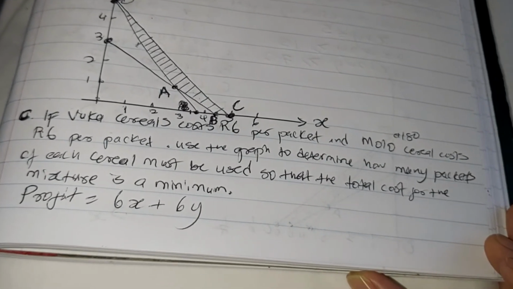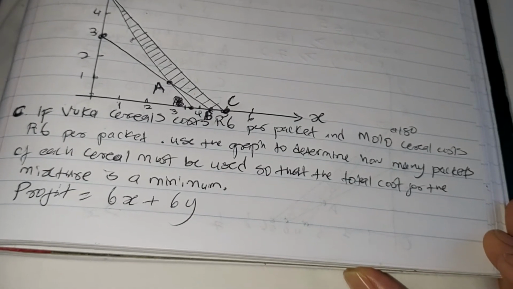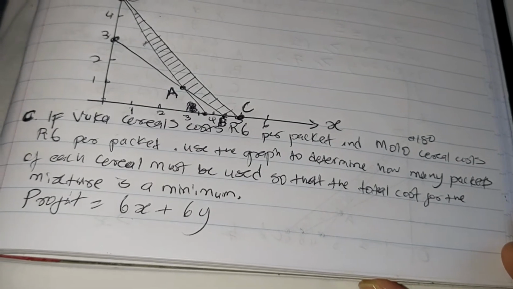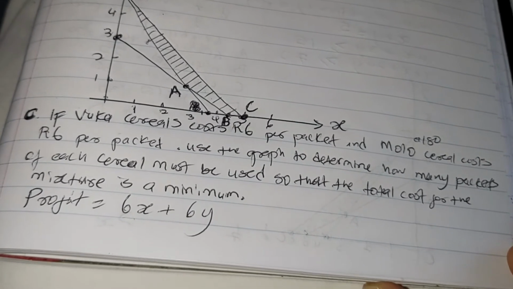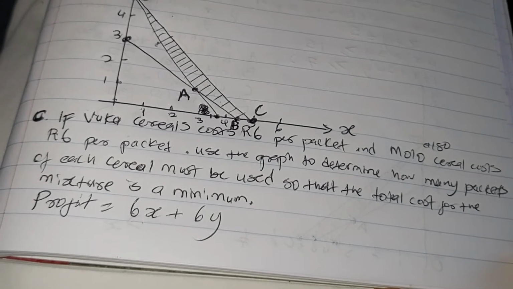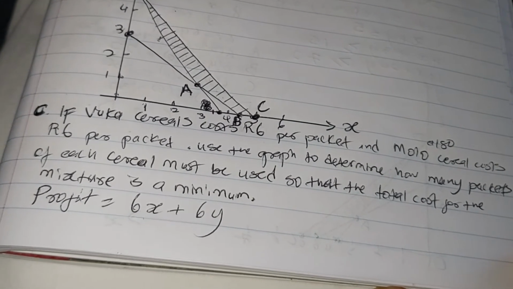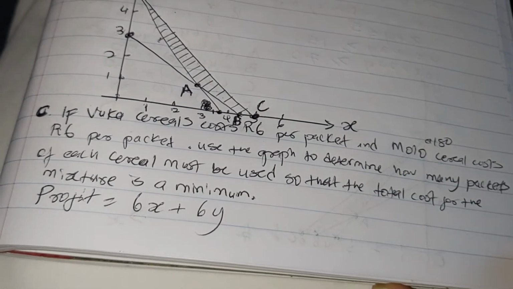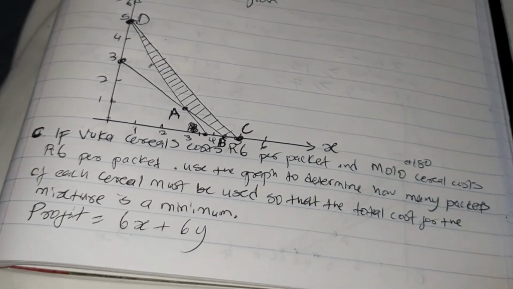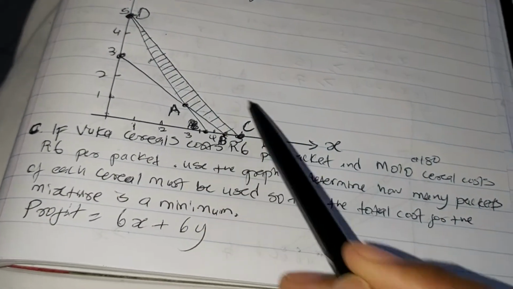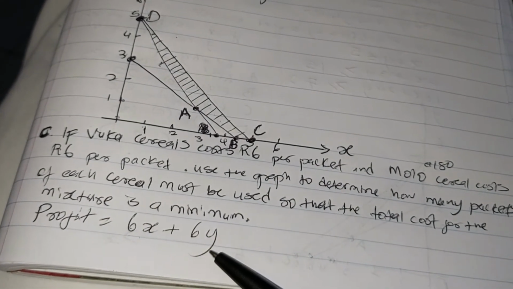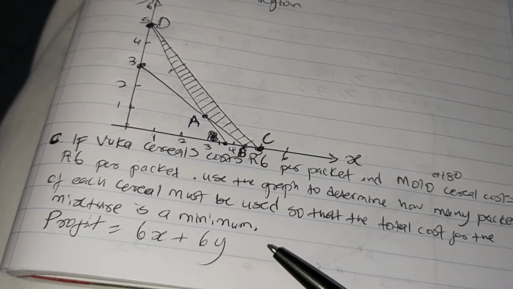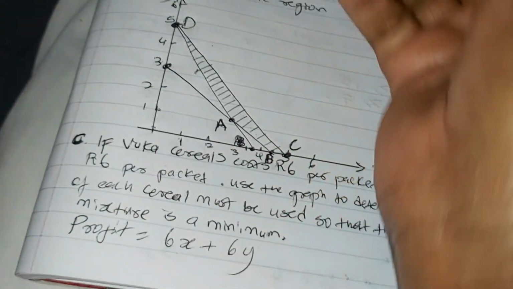So we're going to use the profit equation, which is 6x plus 6y, 6 Voga cereals and 6 Molo cereals. To find where the total cost is minimum, we have to replace the coordinates of this region into this equation and find the one that gives us the minimum cost.